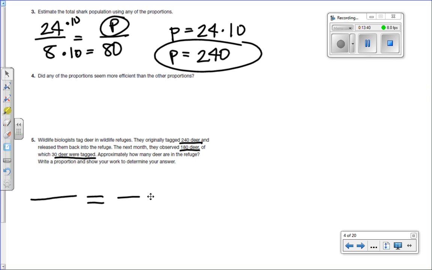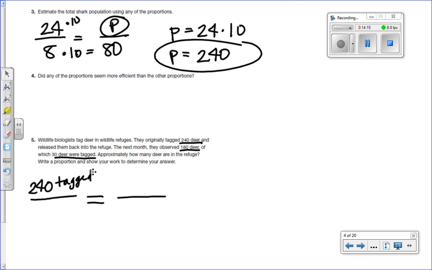So let's go ahead and start by setting it up. We have 3 numbers we're going to use, and then we need to choose a variable to represent our 4th term. So we know that there are 240 total tagged released back into the wild. So these are tagged deer. Then it says 180 deer, of which 30 were tagged.